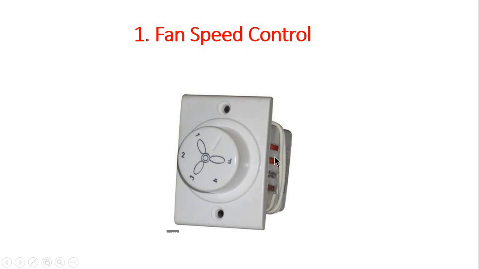This device has a resistive network inside it. The resistive network passes a certain current at its output, and it goes to the fan, or the motor. So the fan speed can be controlled just by having an arrangement of basic resistors.